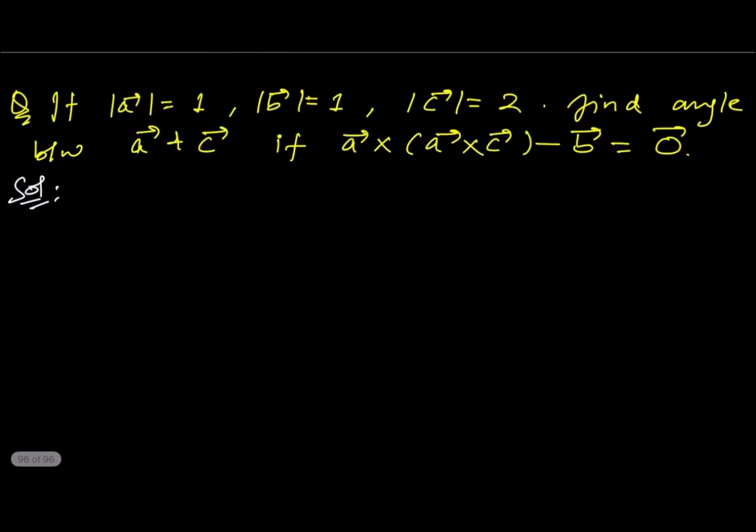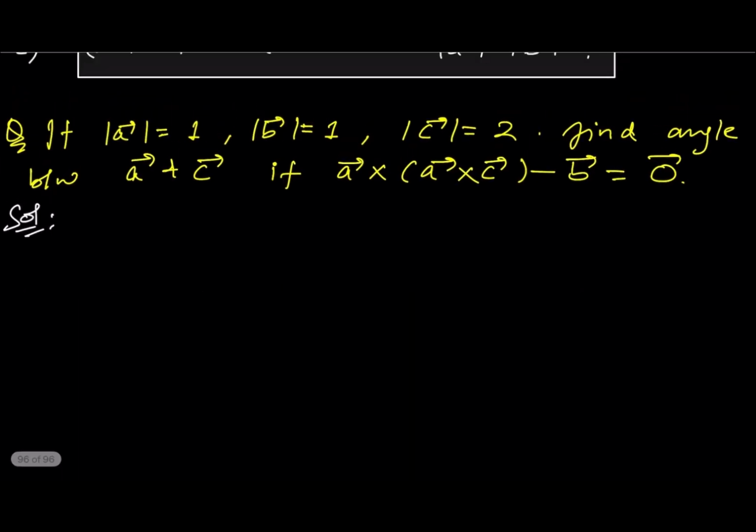Okay, so what is asked in the question? Angle between A and C. So what is given to us? A vector cross C vector is equal to B vector, right? Now, as we know, A vector and A cross C vector are perpendicular. So angle between them is 90. Now take mod on both sides.